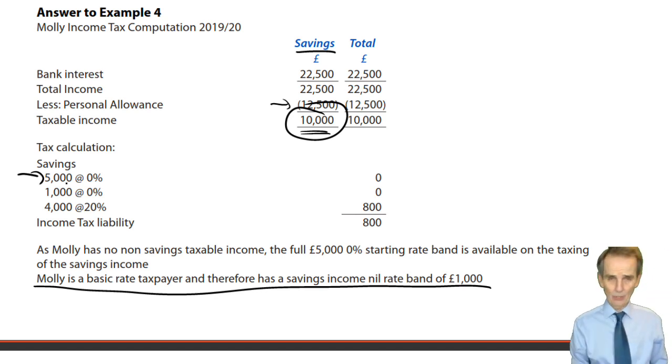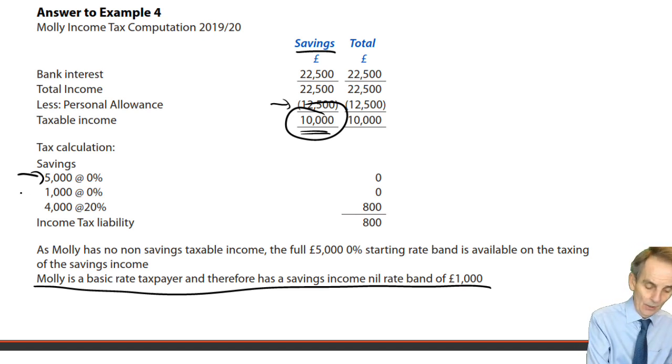Look back in your notes to see the order here. The starting rate band applies first, where it is applicable. It is only applicable where the non-savings taxable income is less than £5,000. Here there is none, so the whole 5,000 starting rate band is available.